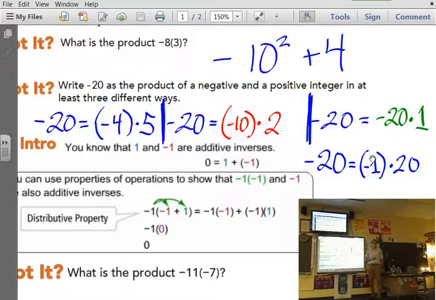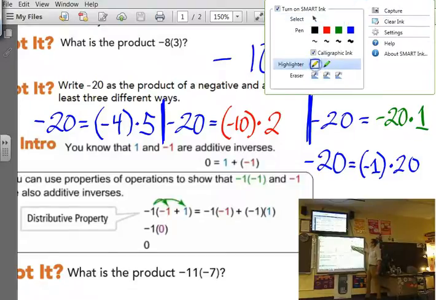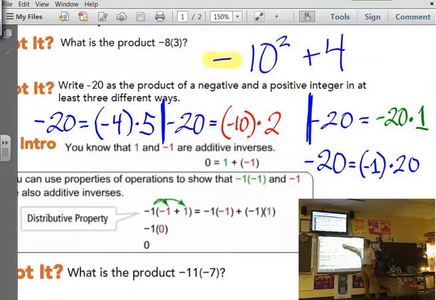that is this. And what I will caution you, and we're going to talk about powers, we're going to get there in just a second, is that this is not negative 10 squared. This is the opposite of 10 squared. And why is that? According to order of operations, which comes first, exponents or addition and subtraction? Exponents, right? It's parentheses, then exponents, then multiply, divide, then add, subtract.